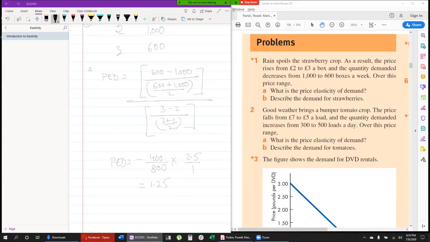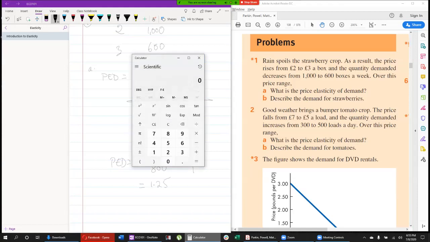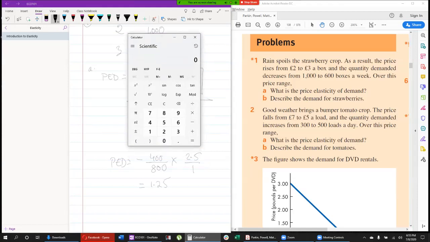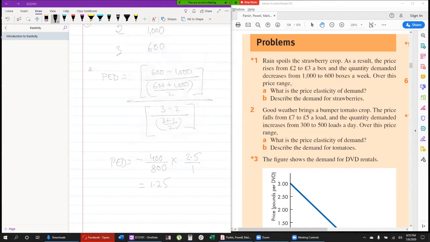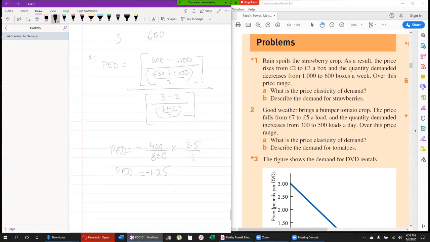Just give me a minute, I'll just use a calculator and make sure that I have got it correctly. Okay, and of course remember there is a minus sign, so PED is 1.25.